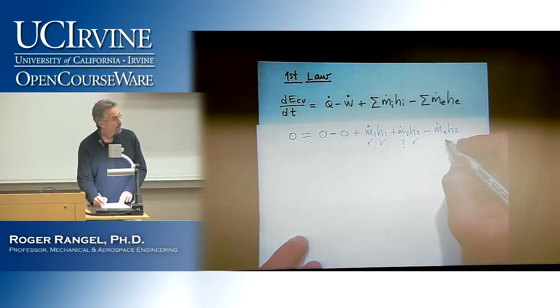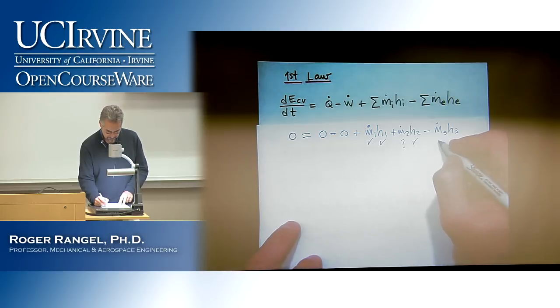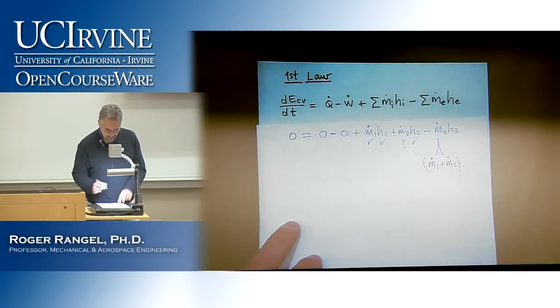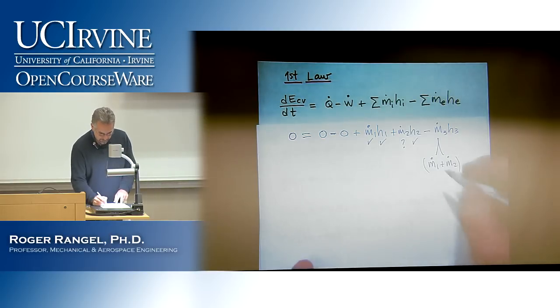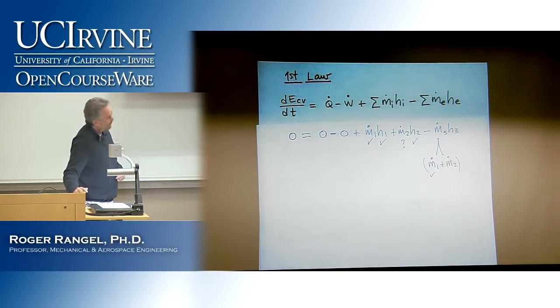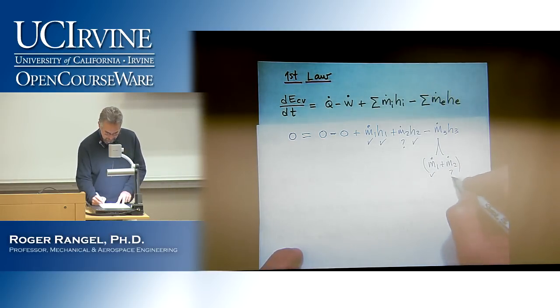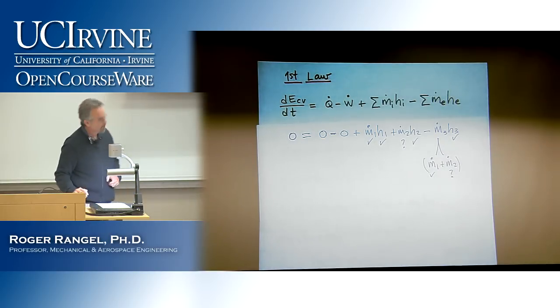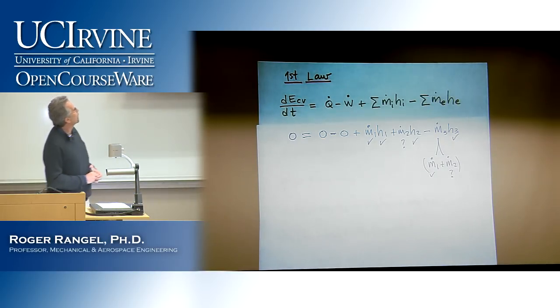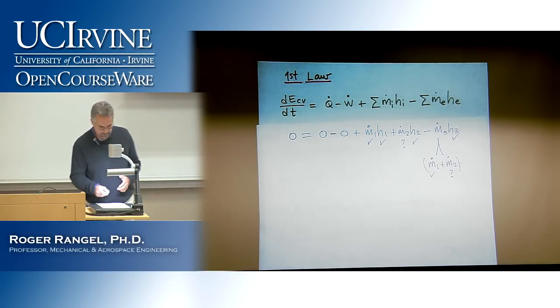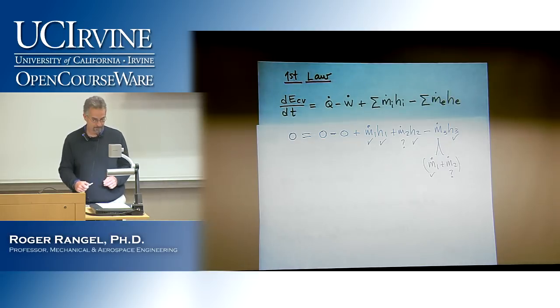M dot 3 is, according to mass conservation, equal to this, right? Of which the first one is known, and the second one is our same unknown, and then H3 is known. So the only unknown in this equation is m dot 2, okay?